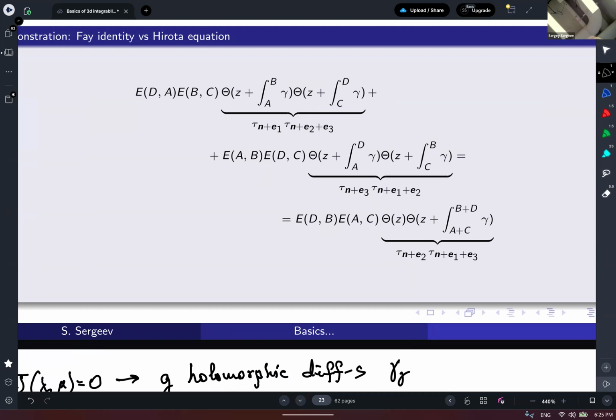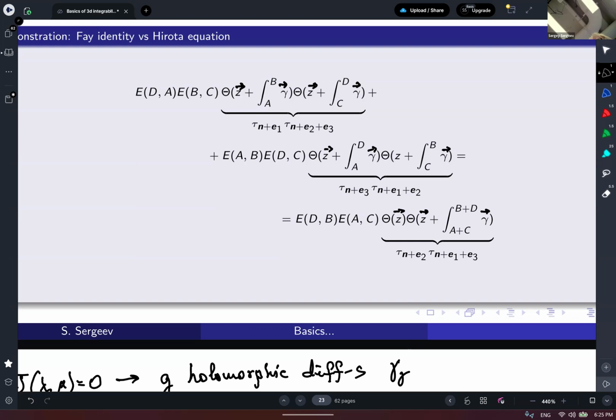So the Fay identity is a rather complicated identity written here. The theta functions are those mentioned before. z and gamma: z is a point on the Jacobian, gamma is the vector of holomorphic differentials.